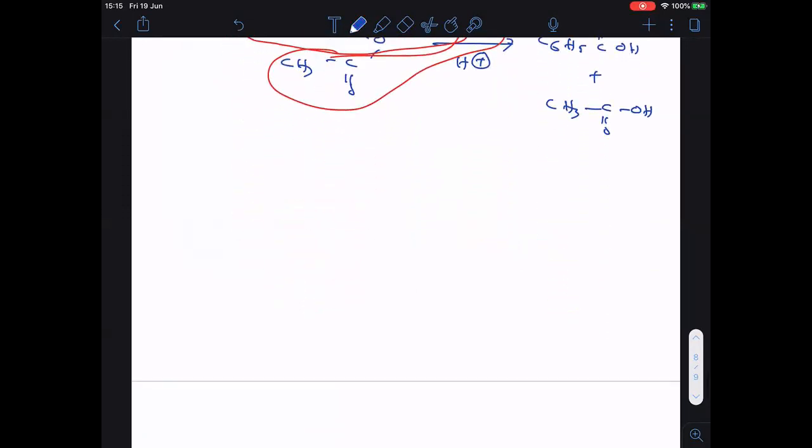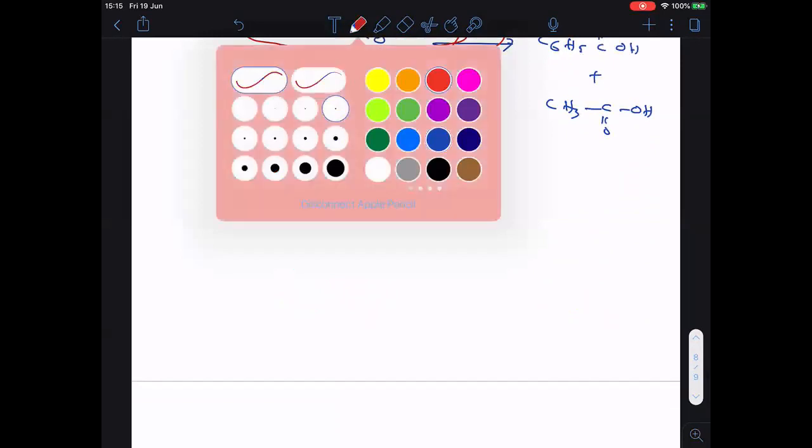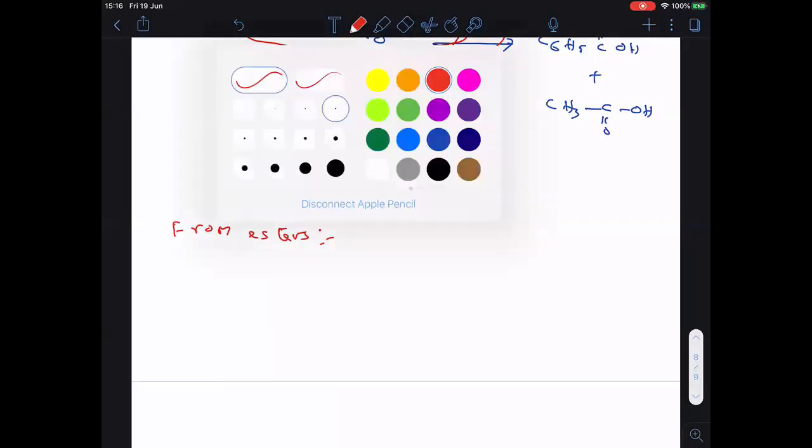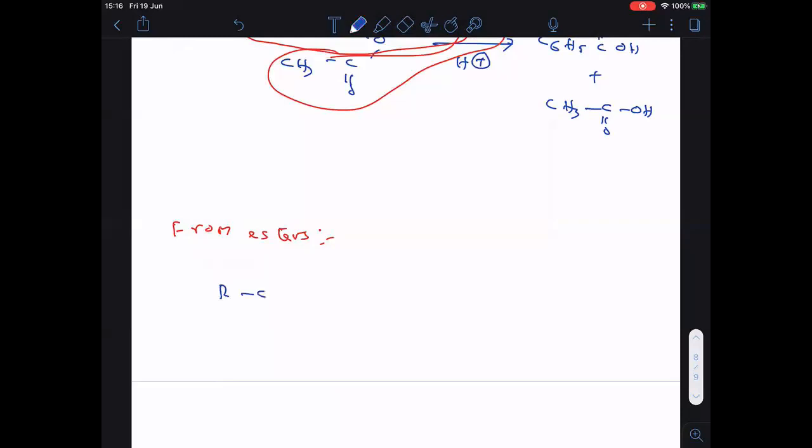Clear everyone? Now the last preparation method is from esters. This is the ester RCOOR'.